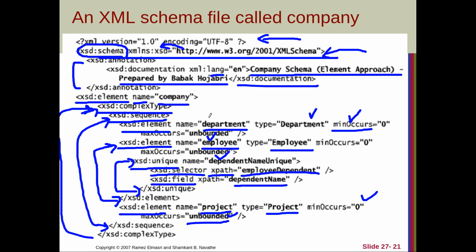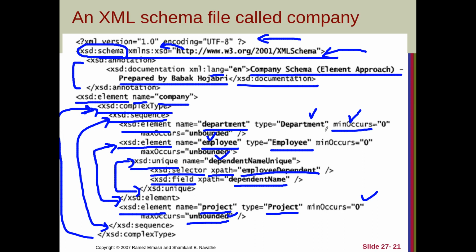So these are the conditions which are already defined within this XML schema. It is a separate document that follows almost similar to XML syntax with some specific conditions. So the primary conditions are like, it is having an element called company, the root element, which is a complex type, which is further divided into a sequence of elements like department, employee and project.